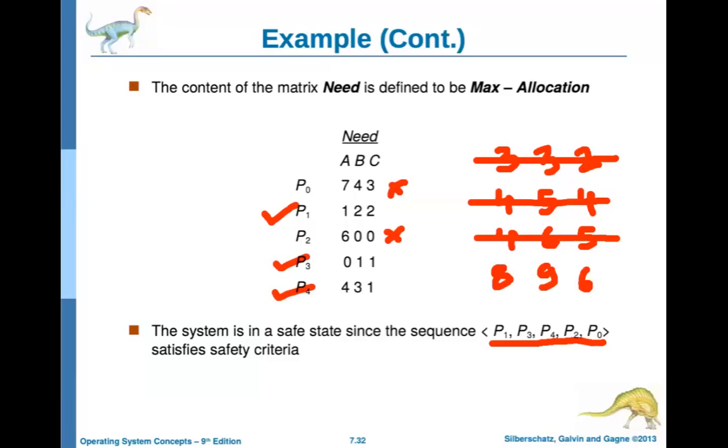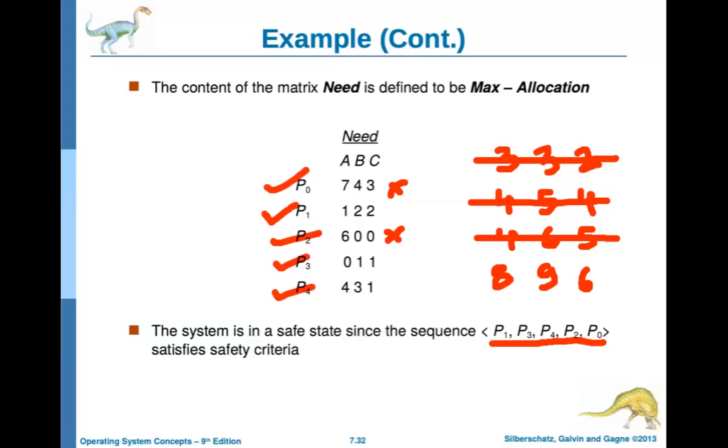Right? Now, again going back, we can check it. P0 can also be satisfied, 7, 4, 3, and P2 can also be satisfied. So P2 and P0, or P0 and P2, both ways. So this will also be done, and resources will be released.